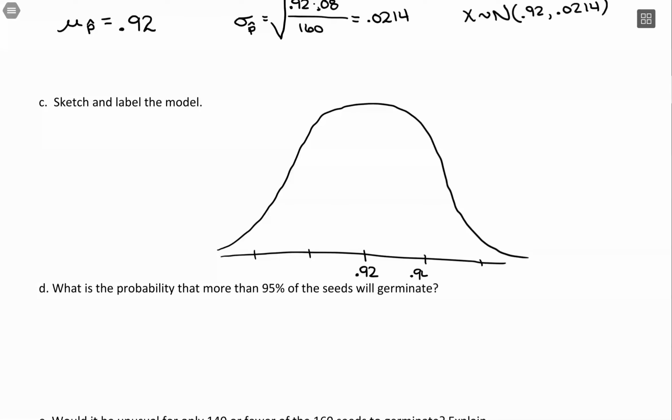So 0.9414, 0.9628, and then 0.8986, 0.8772. In terms of this number line, what it represents is the percent of 160 seeds that germinate.